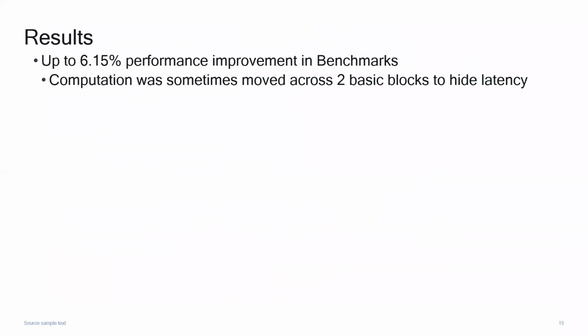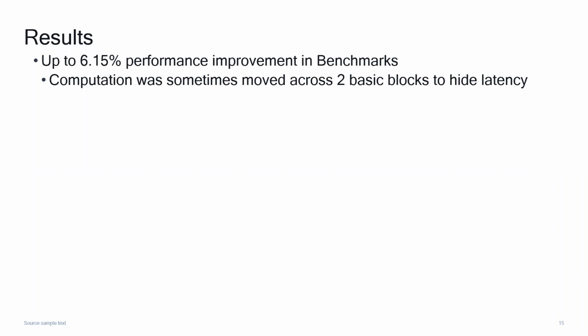So even though this superblock scheduler has a lot of restrictions, it gave us some modest performance improvement. For instance, in one benchmark, we could get up to 6.15% improvement.